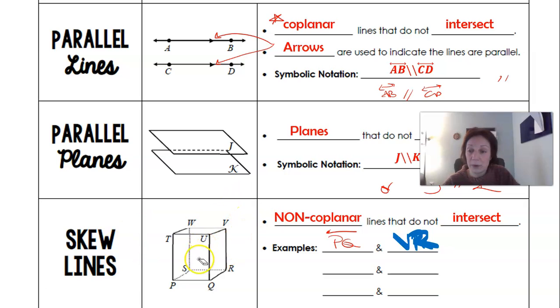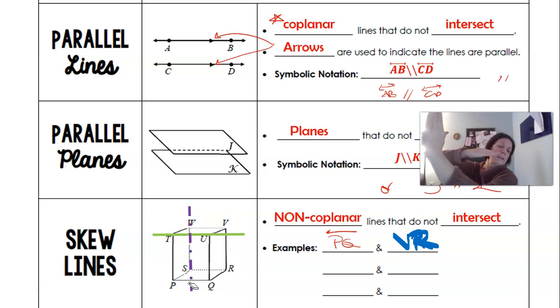Okay, so another example of skew. TU. If we're thinking of this as a room again, this is a line that's running along the ceiling on, let's say, the front wall of the room. And then look here, WS. It's on the opposite side of the room and it's running from the ceiling to the floor. So I've got a line like this, and then a line way over here that's going up and down, right?